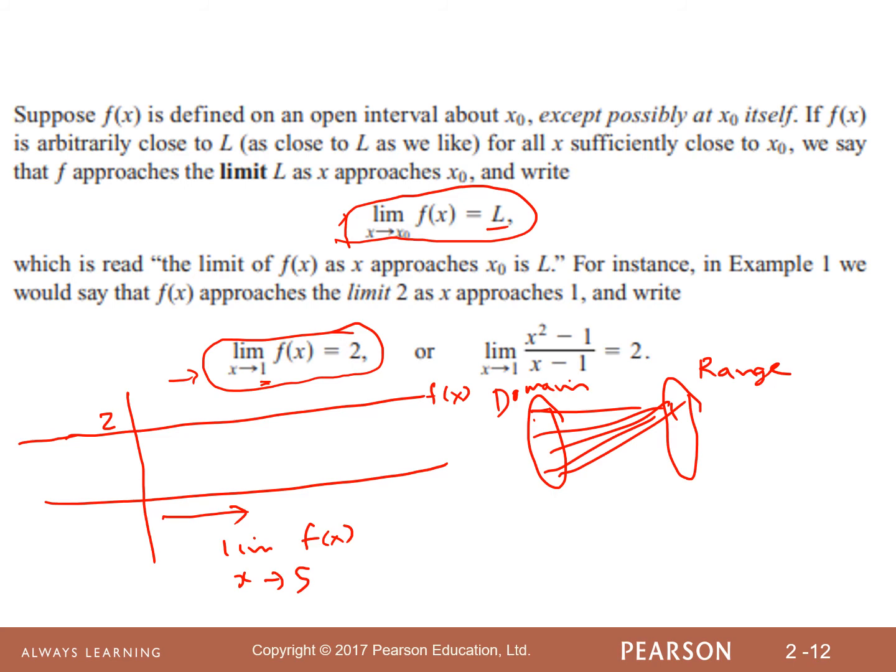Okay? Let's take a look at this function. This function, limit as x goes to 1 of x squared minus 1 divided by x minus 1, is equal to 2. We just proved it, right? We just proved it equal to 2 by approaching from the left and approaching from the right, right?